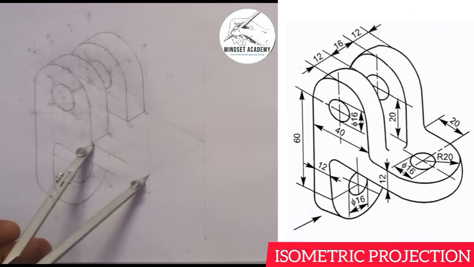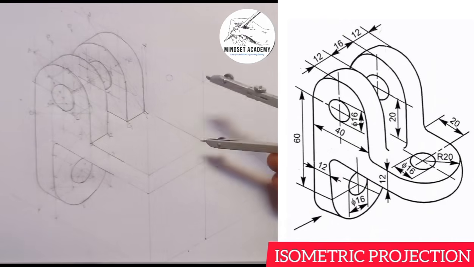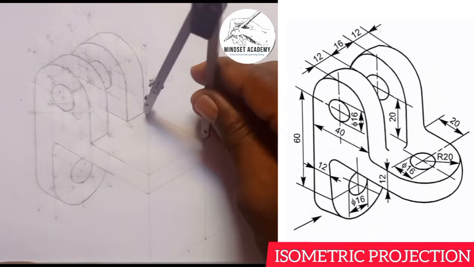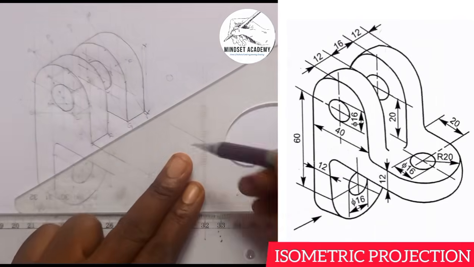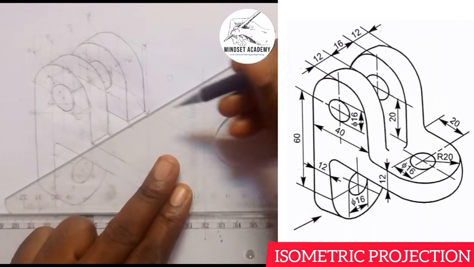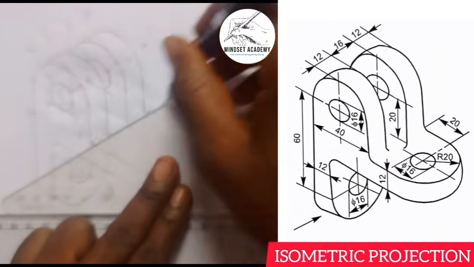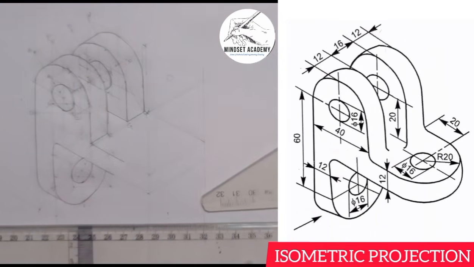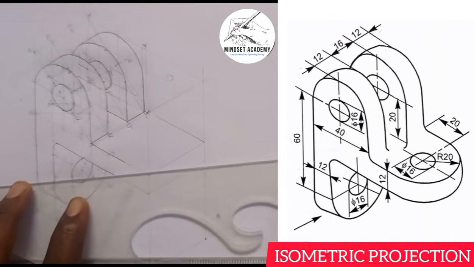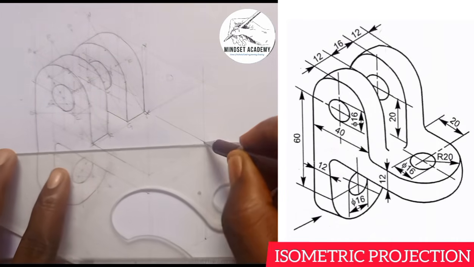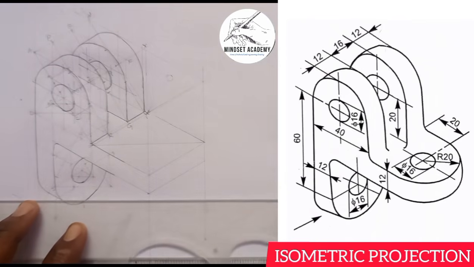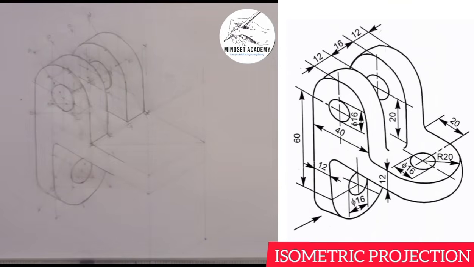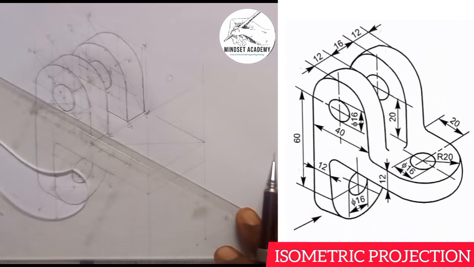I'll mark this other side. You see that both of them are 40. Can you see that? Same thing as here too. Here to here is also what, 40. So I'll take my instrument here, as you can see, just like join from here to here. Now, if I should draw the diagonals this way, from this point to this point, right, and get the half of this figure, this is what I'll be having here.